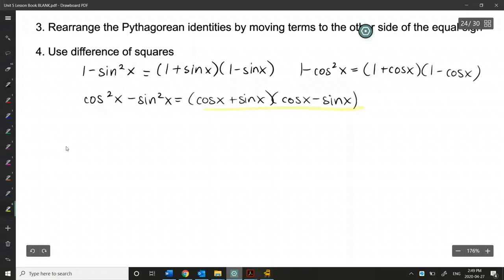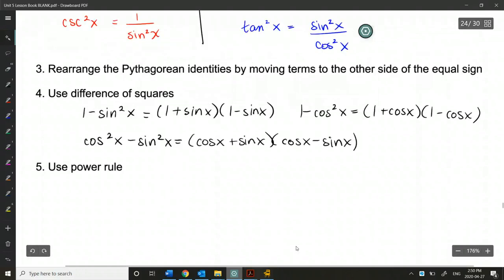Also, I can use these all in reverse. If I have something like this, it FOILs out into this expression. So I may need to use these by factoring, but I may also need to FOIL these and use them in reverse to get these back. So whatever helps us is what we'll use in our proof questions.